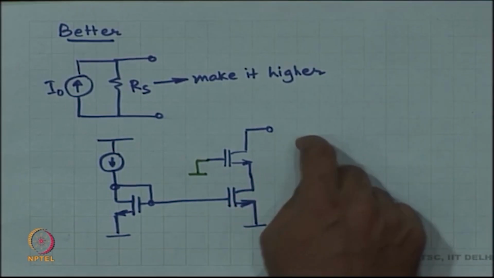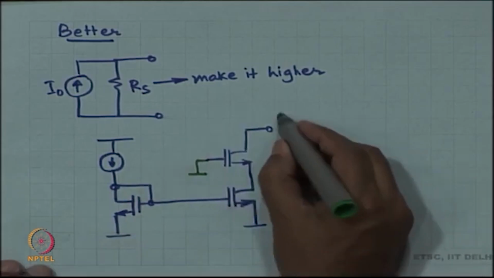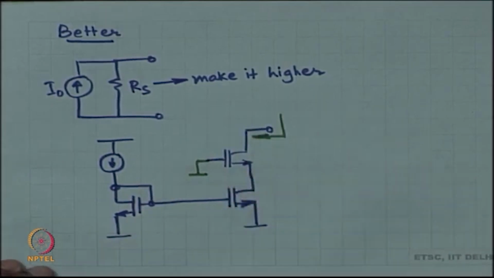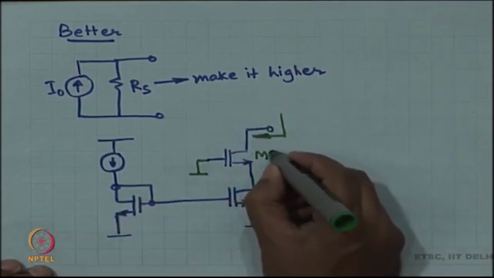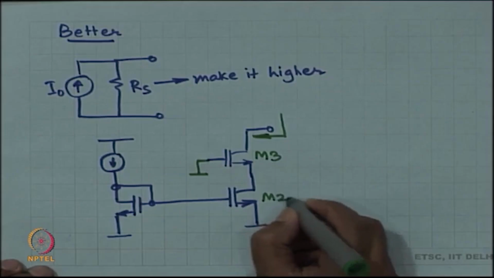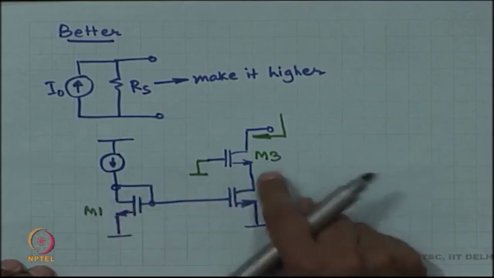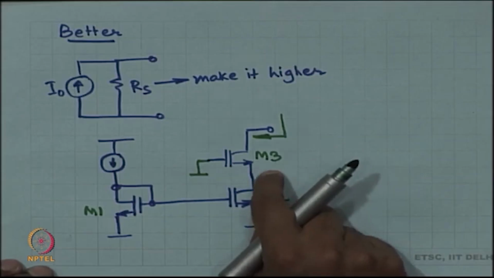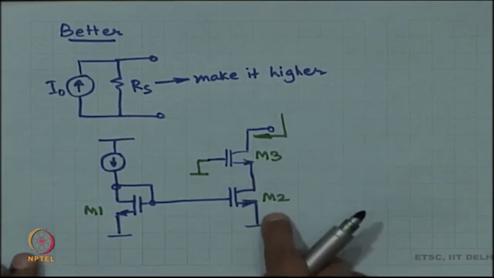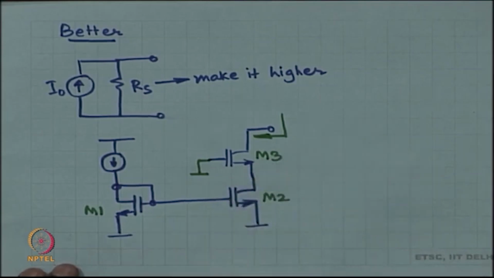The output impedance that I see now is going to increase, because now the output impedance is the intrinsic gain of M3 times RDS2 plus RDS3.